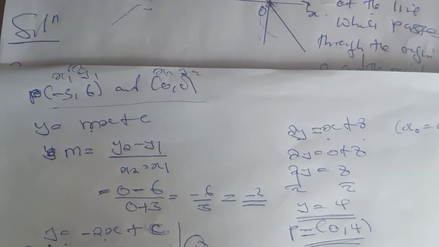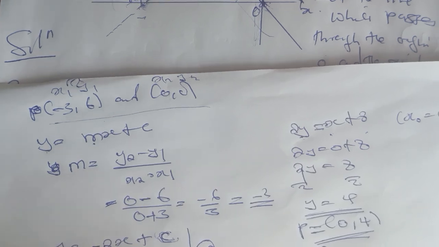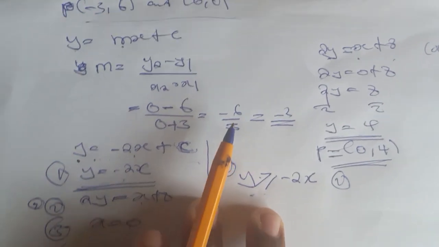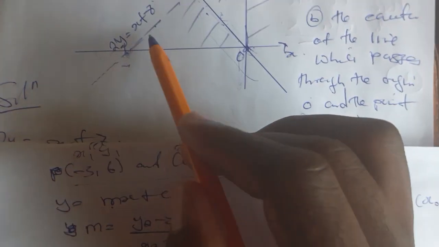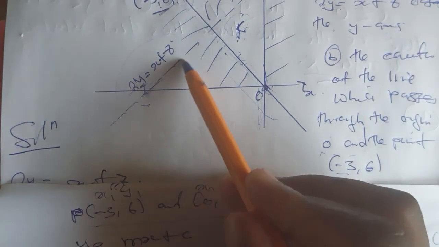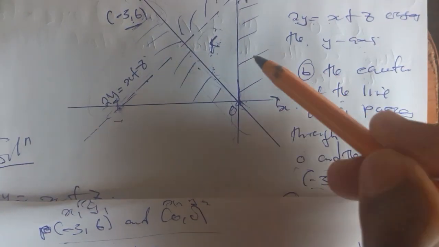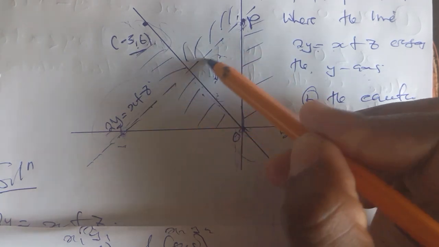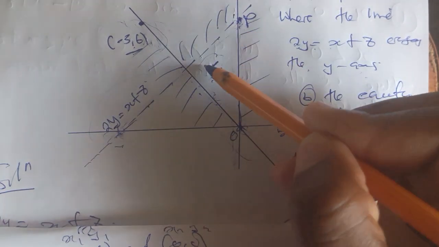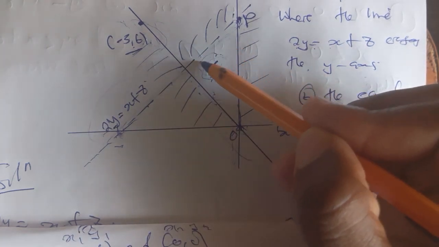Then the other one is 2y equals x plus 8, which is the one given. As well, we're going to look at this line. You have seen that R is below the line and the line is dotted. So when the region R is below the line, it means less than.